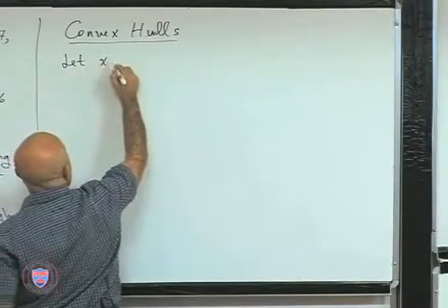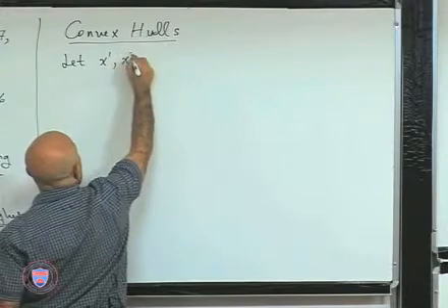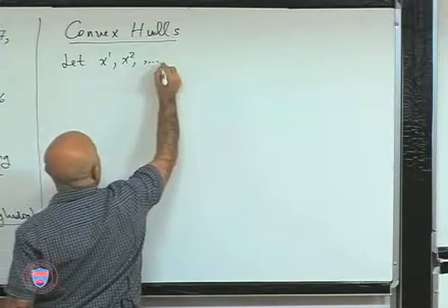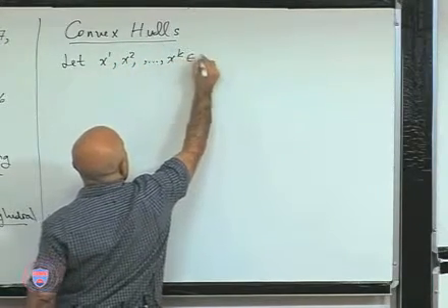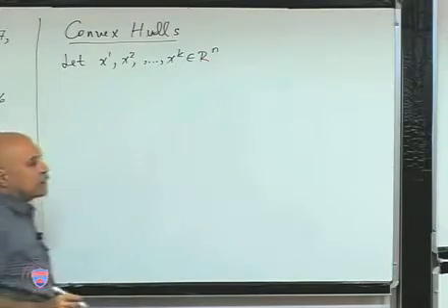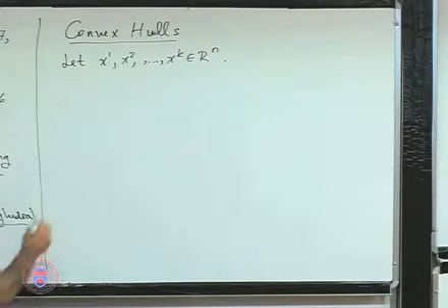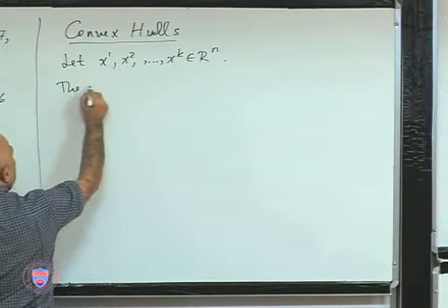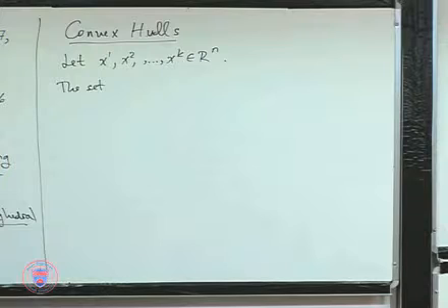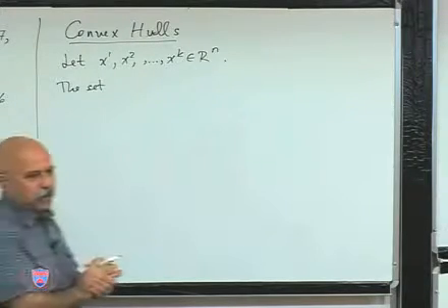So suppose you've got points x1, x2, up to xk in n-dimensional space. If you take convex combinations of all these points, the set of all such convex combinations is your convex hull.